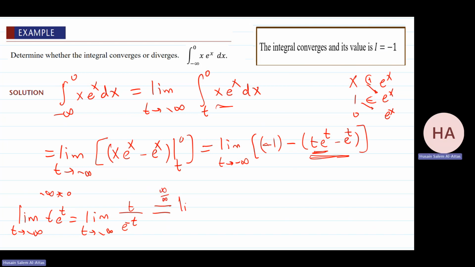So do L'Hopital's rule. You get 1 over minus e to the minus t. So it will be 1 over infinity, which is 0. So this will be minus 1 minus, this is 0. E to the minus infinity is also 0. So the answer is minus 1. So it converges, and its value is minus 1.